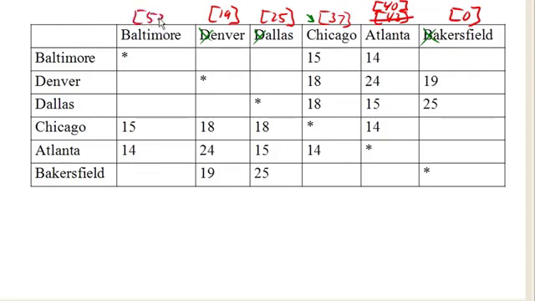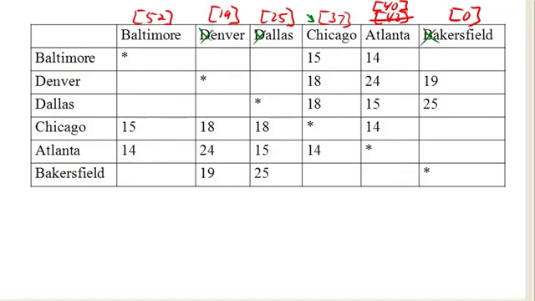We could also say 37 plus 18, but 37 plus 18 is going to be much bigger than 19, so we don't want that. 37 plus 18 to get to Dallas is definitely going to be bigger than 25, so we don't want that one. 37 plus 14 is going to be bigger than 40, so we don't want that one. And so we're completely done updating for Chicago now.